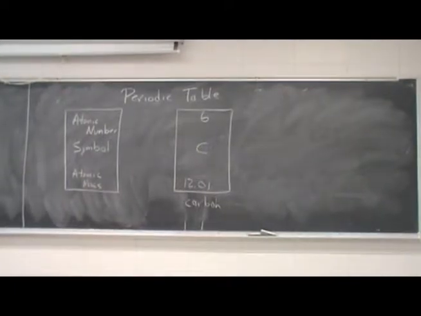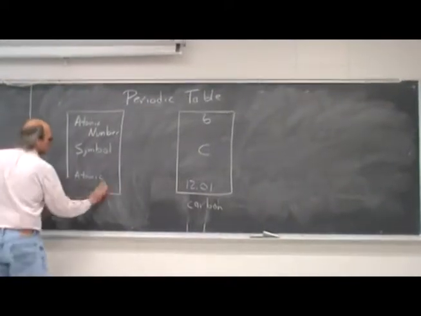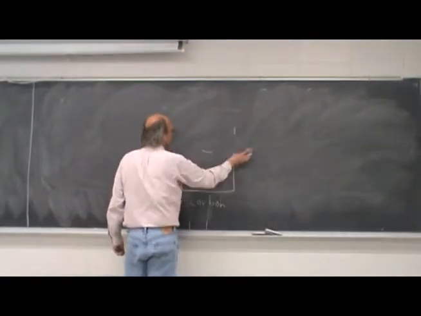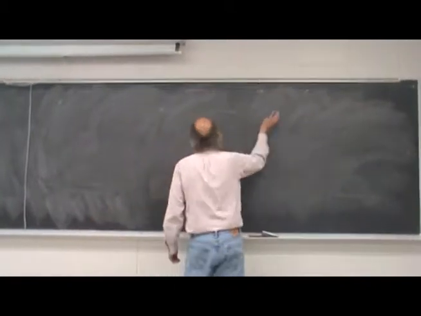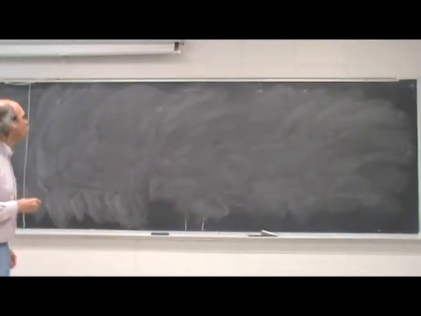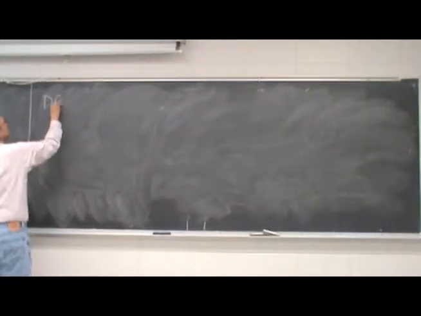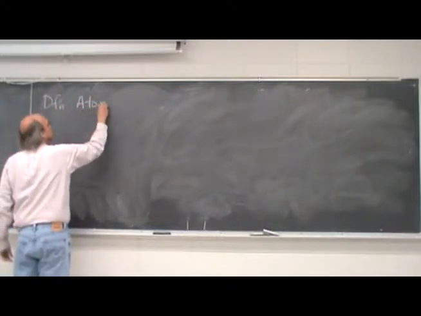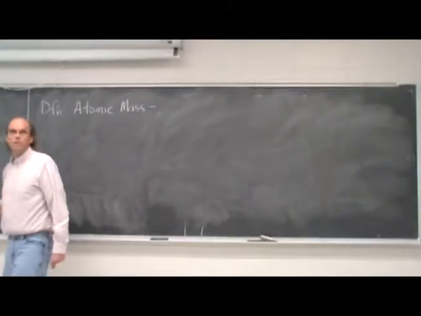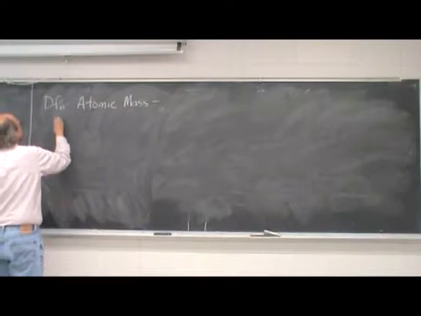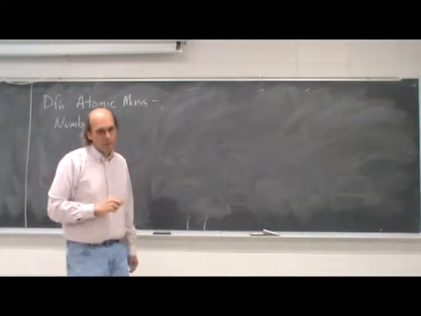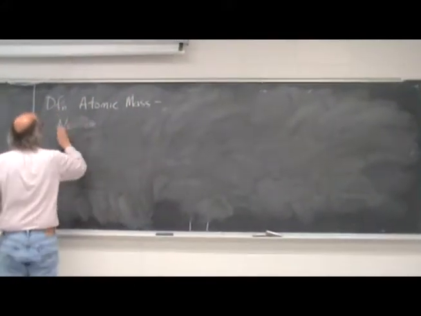So, step out of the frame for a second. All right, so first we need to use the atomic mass to get the number of moles. So we need to know what atomic mass is. Atomic mass is just the number of... I'm going to mess this up, aren't I?